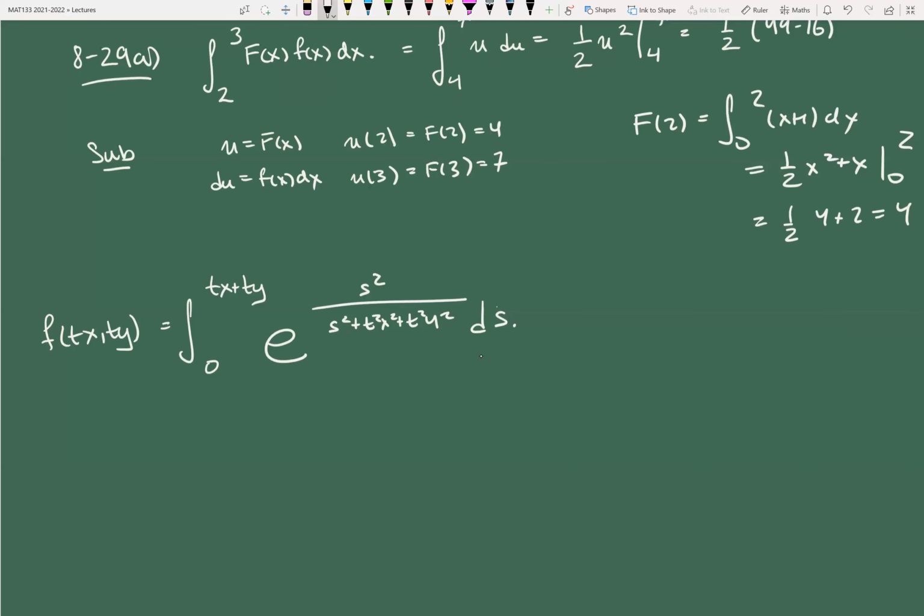Let me see if I can give you a better hint. No, e to the x squared is impossible, but that doesn't mean this one is. Yeah, it is an ugly one.